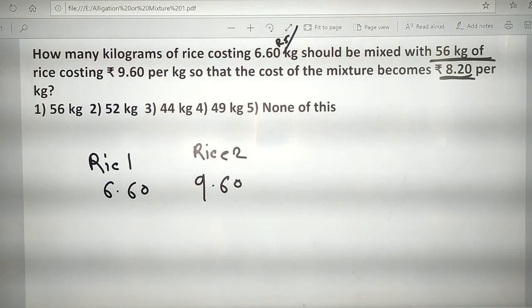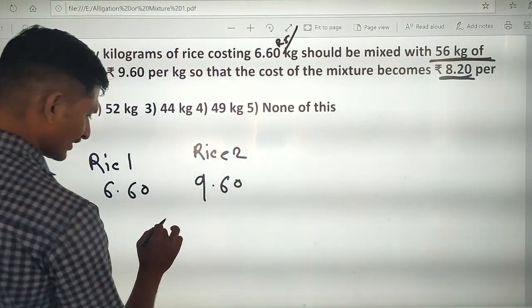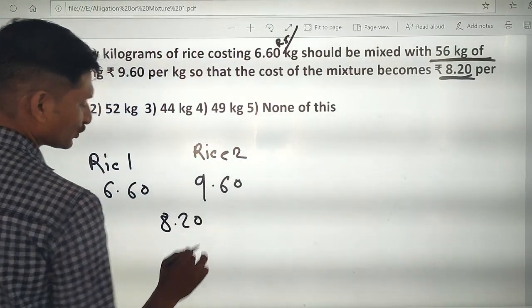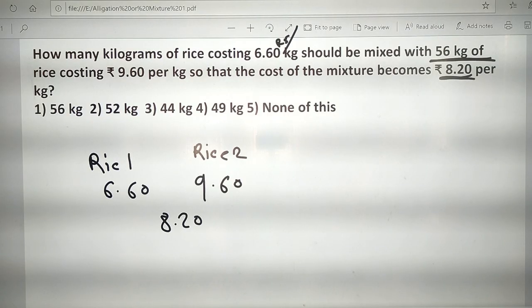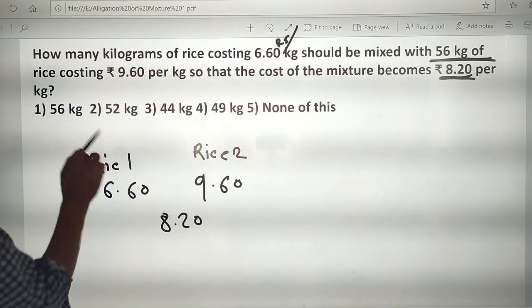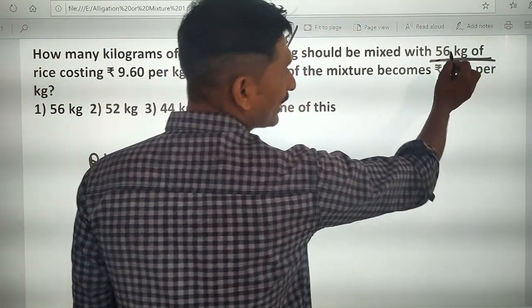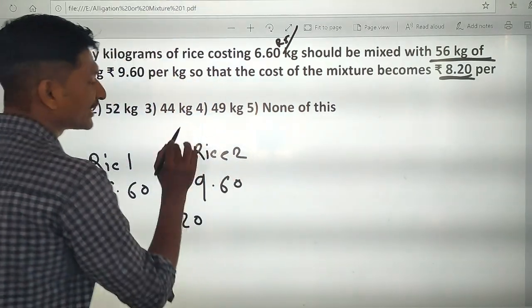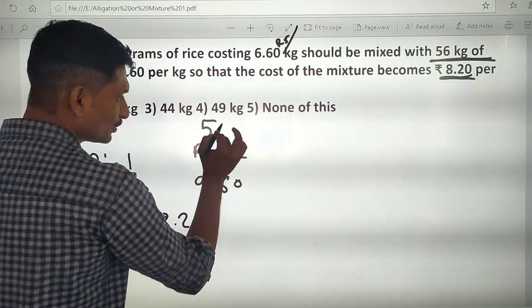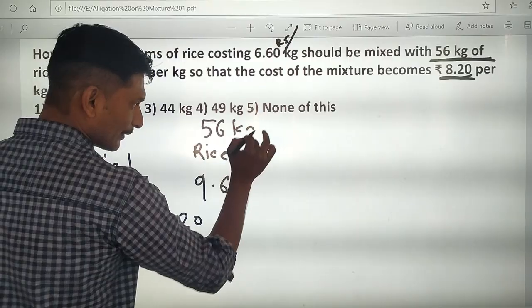These two rice are mixed, and then the mixture will be sold at 8.20 rupees per kg. Here the quantity of rice 2 is given as 56 kg.